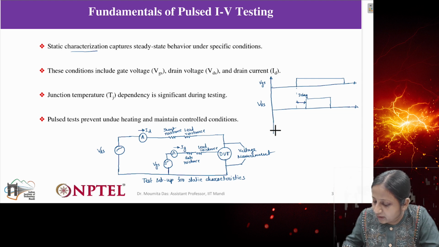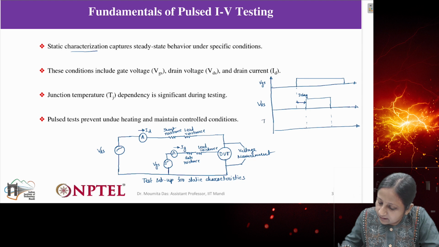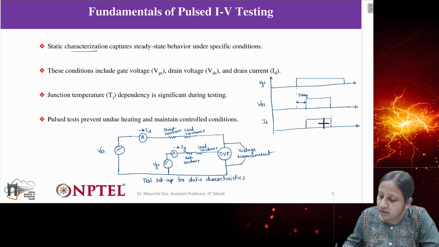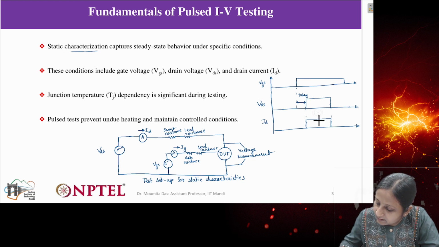Now once we are providing the drain to source voltage, there will be current flow from drain to source. That current I have also shown in this test setup, represented as ID. So now let's say this ID we are getting like this. The measurement point of the ID should be at the middle point.